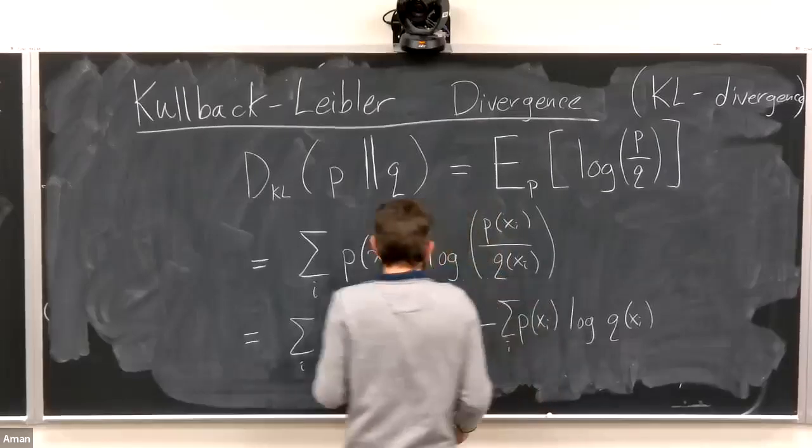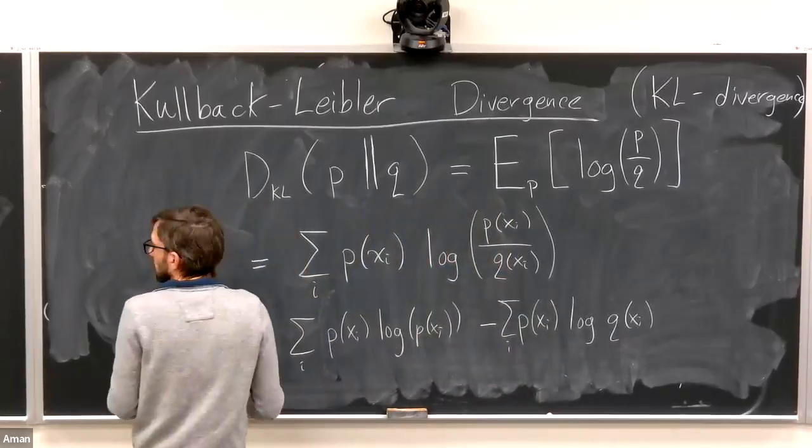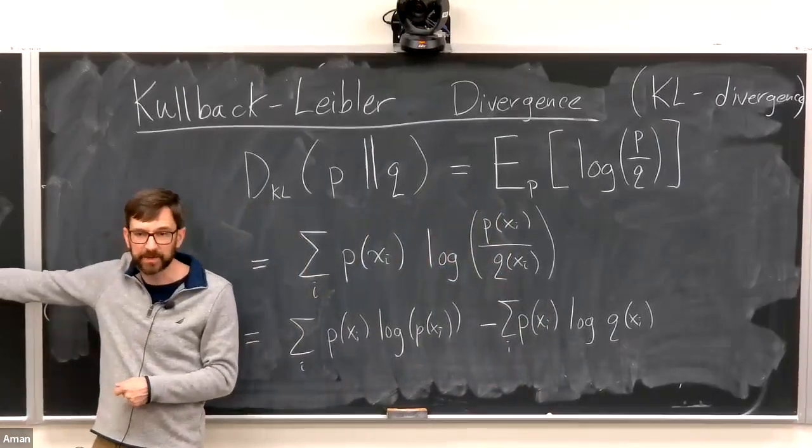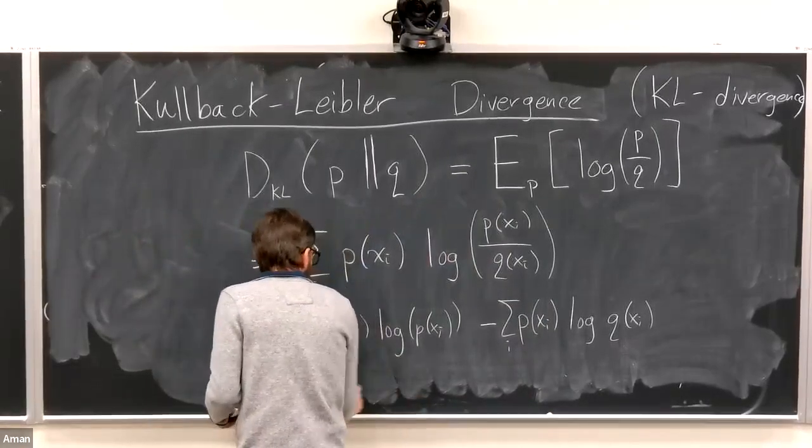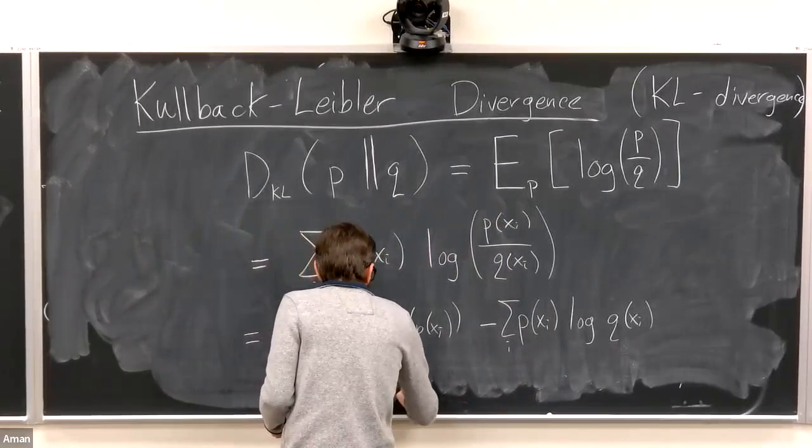Notice the first term is just the negative of the entropy of the random variable with the P distribution.